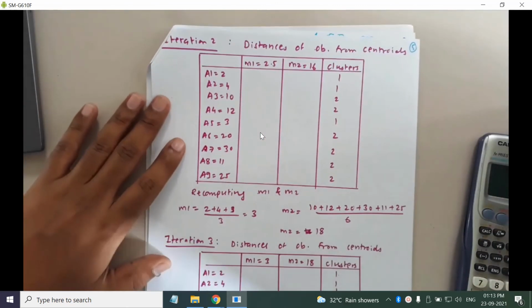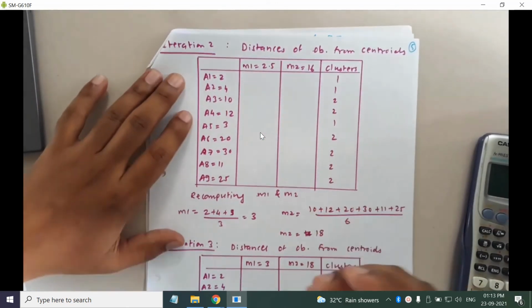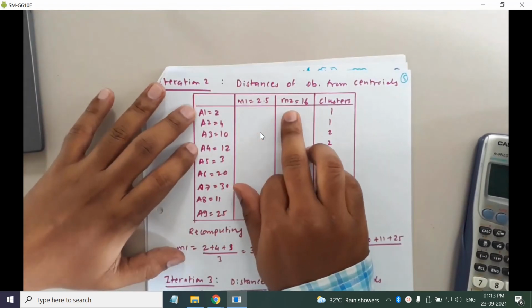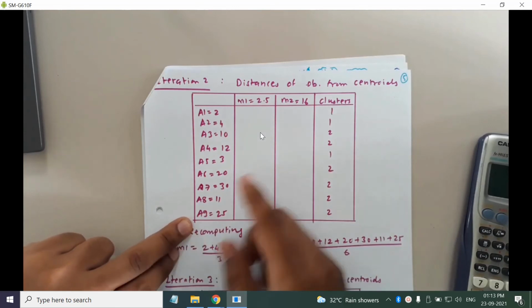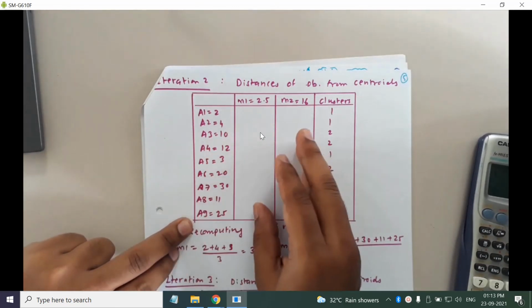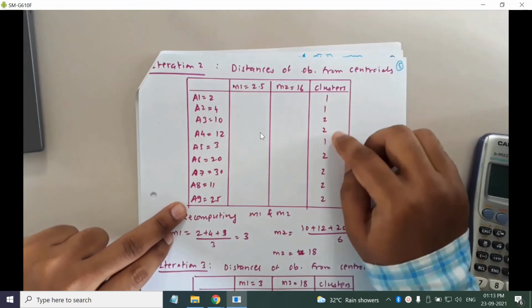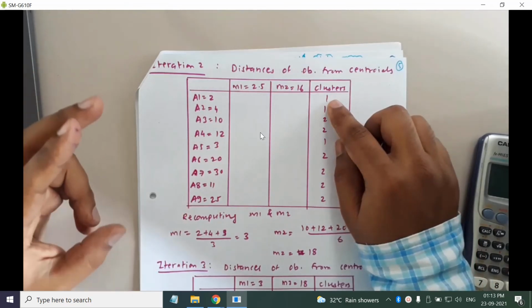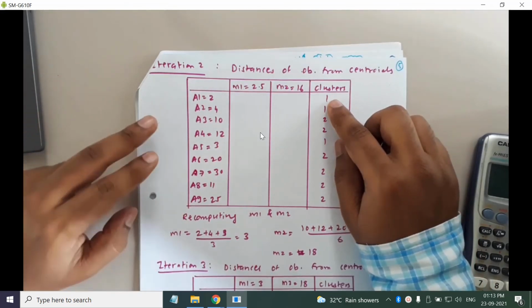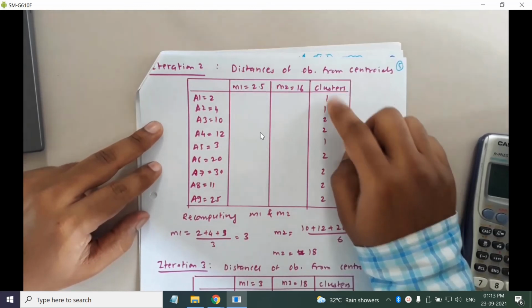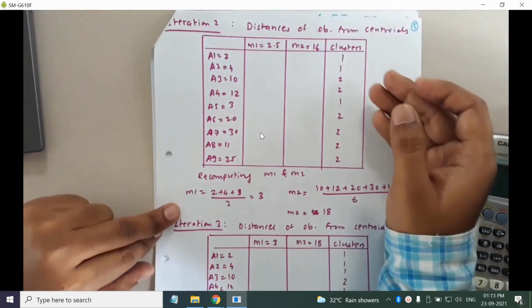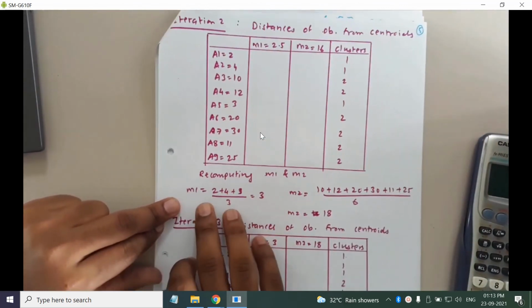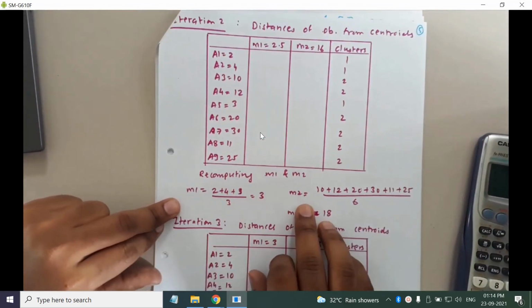You will go into iteration number 2. Now we have the m1 and m2 values, and we also have the data points. You again assign these data points to the closest cluster. Now see the change. Previously there were only 2 points belonging to cluster 1, now there are 3. So as there is a change in the cluster, you recompute the centroid values.